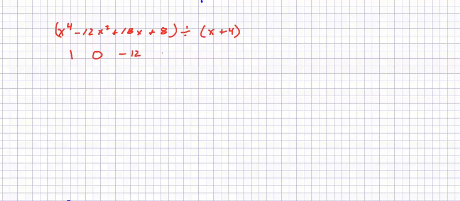Negative 12, 18, and 8. Absolutely, positively, 100% must have a 0 there. Else it won't work. I take the opposite of this number, negative 4, and I put it in this little box here.